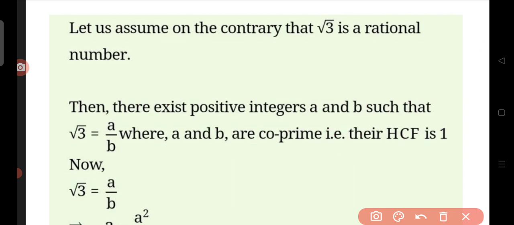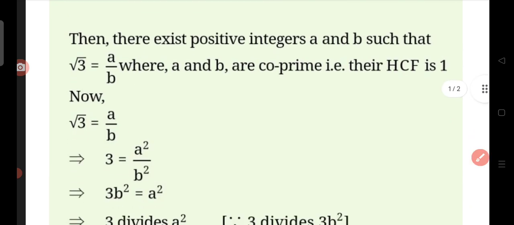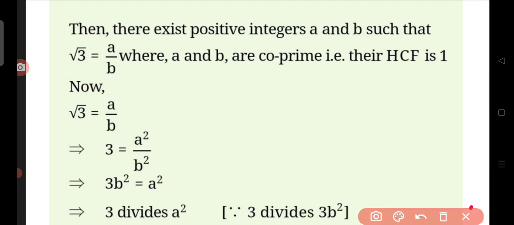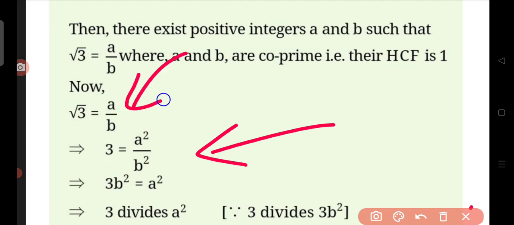Now we can say that root 3 is equal to a by b, and we will square both sides.